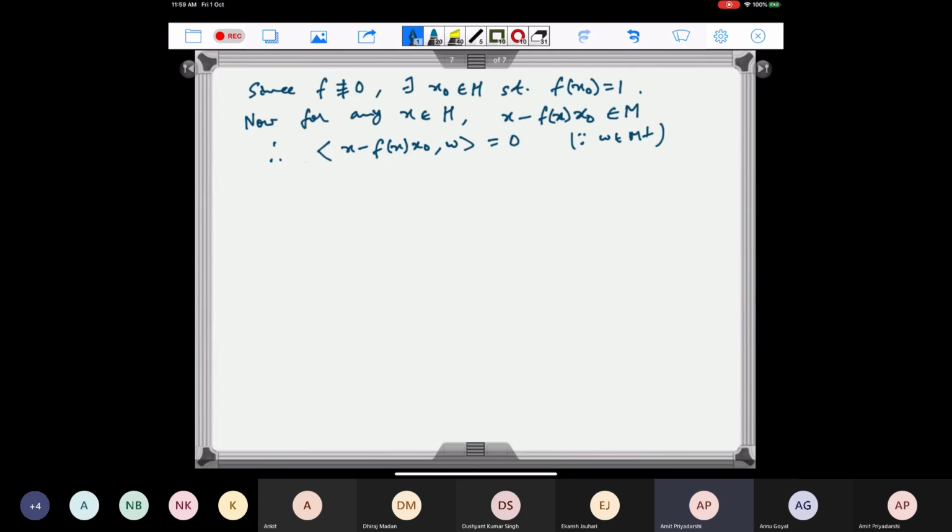So what does this give? This implies that f x times x naught inner product w is equal to x with w.